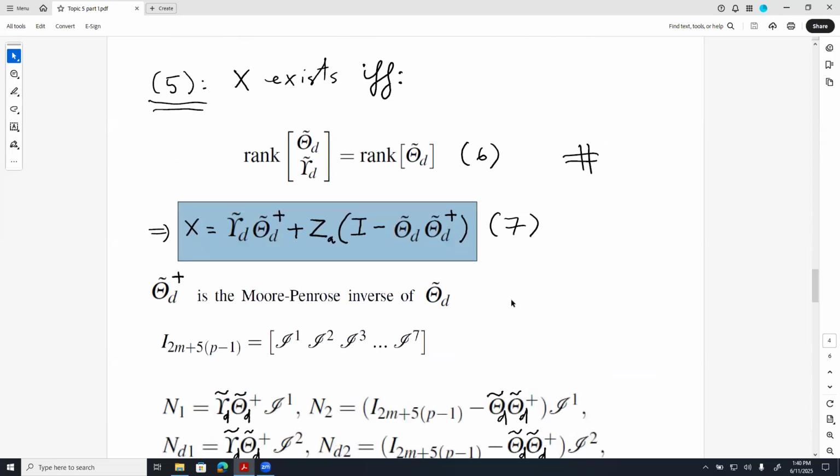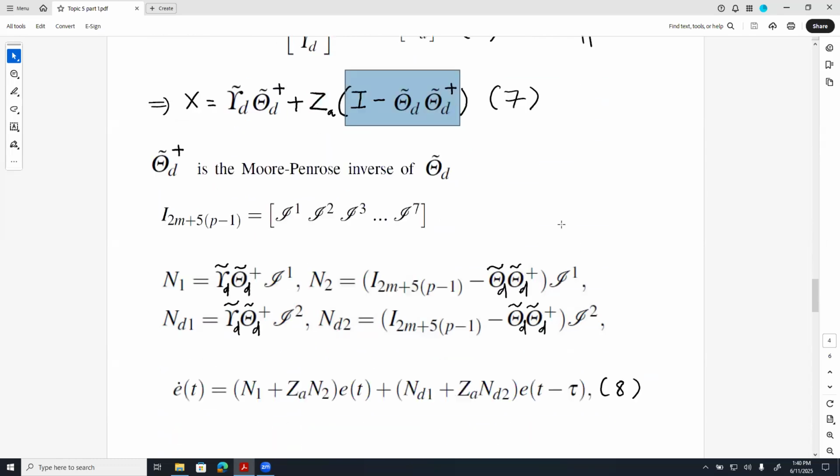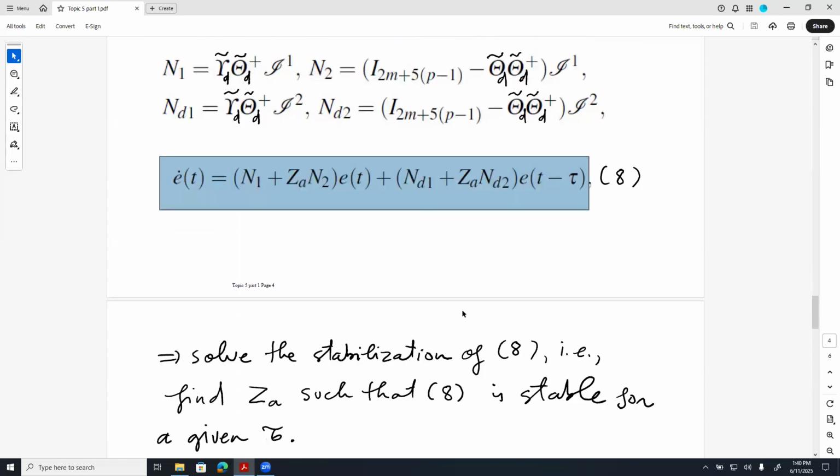From there, we can exploit the freedom of having this extra arbitrary matrix in there, as long as that one is non-zero. And if it's non-zero, we can then express the matrix n in terms of n1, n2 and z. Okay, and so we get this error dynamic equation, and so it becomes a stabilization problem.